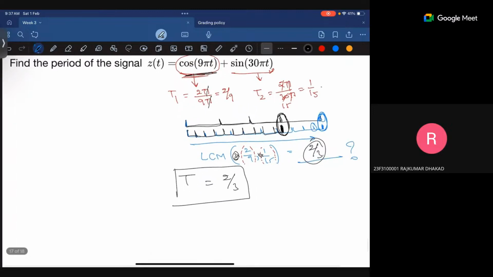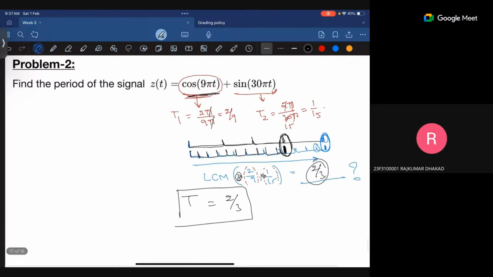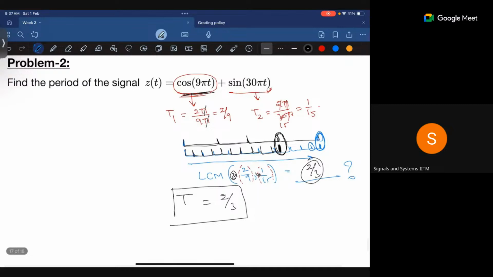Sir, what does average power mean? Yes, in the graded assignment there is one question regarding the average power. Can you let me know which question that is?